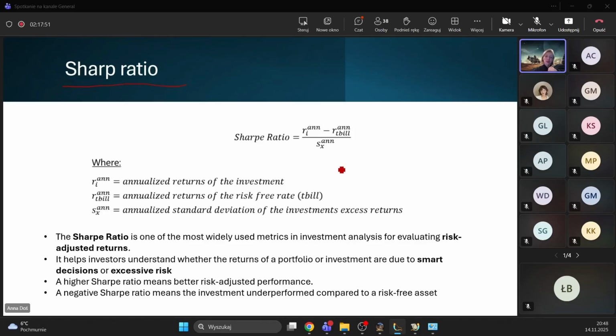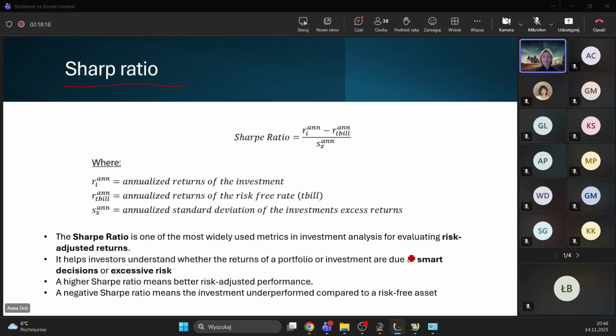So it helps the investor to understand whether the investment returns are good regarding the risk taken, if they're actually rewarding the risk. Comparing the Sharpe ratio to just the annual rate of return shows us whether the annual rate of return is due to good decisions or maybe due to excessive risk taking.